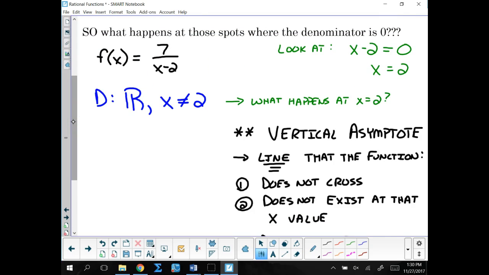So up here, let's go back to this one. What would my vertical asymptote be? 2 is a number, not a line. X equals 2 is the vertical line associated with it. Okay?